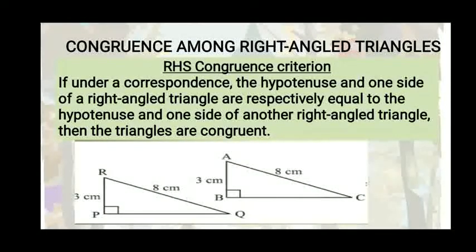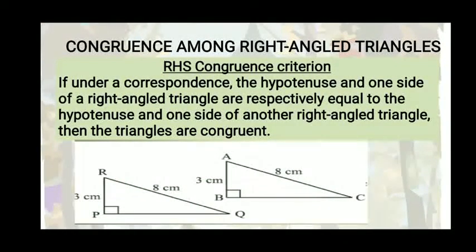Here, as shown in the example, RPQ and ABC are the triangles which are going to be proved equal. How could we do that? First we have to see whether the triangles are right angled. Yes, they are. Angle P and angle B are both 90 degrees each. Now, is the hypotenuse side equal?